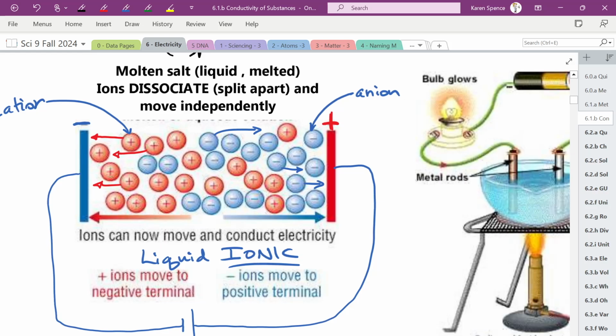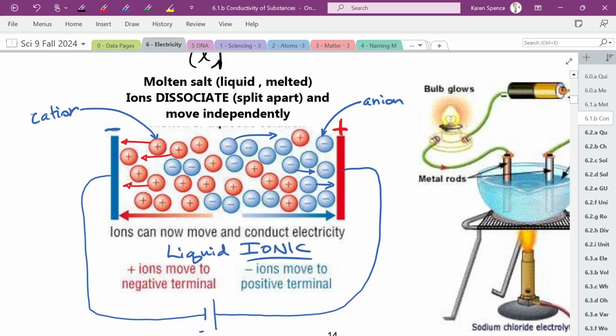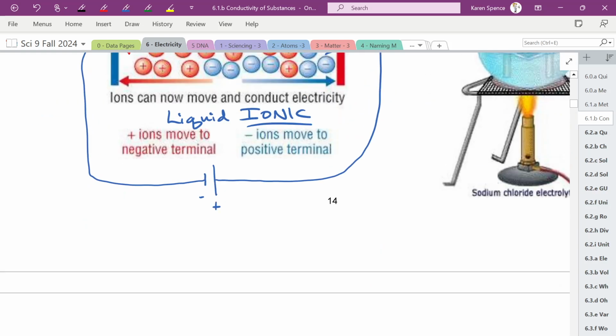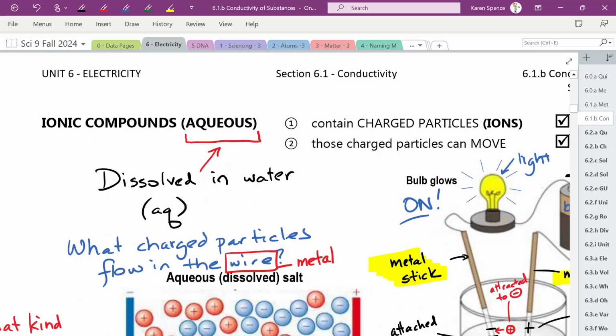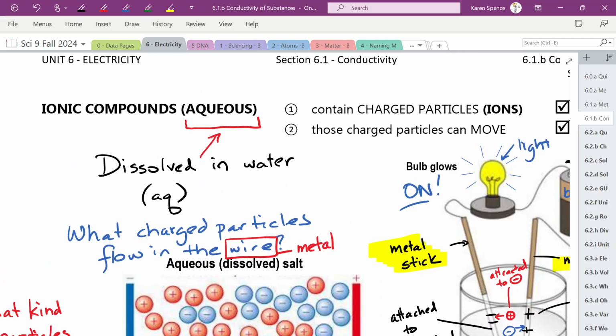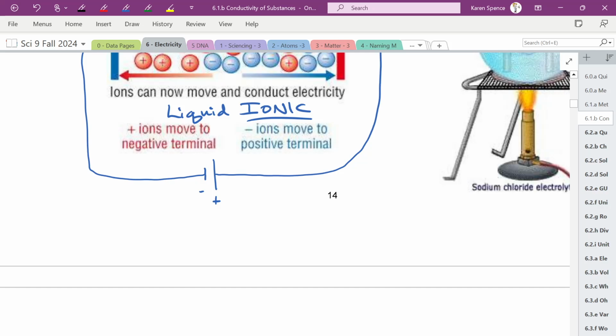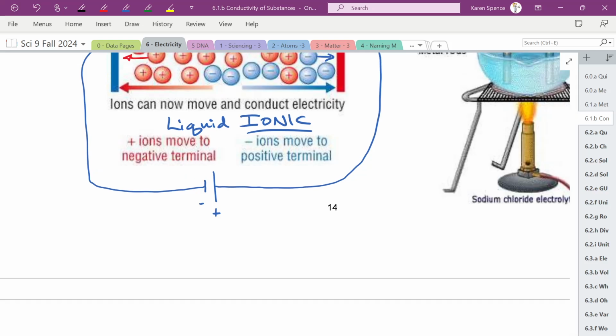Okay? And look, if you do that, you get a glowing light bulb. Okay? So aqueous ionic can conduct electricity. Liquid ionic can conduct electricity.